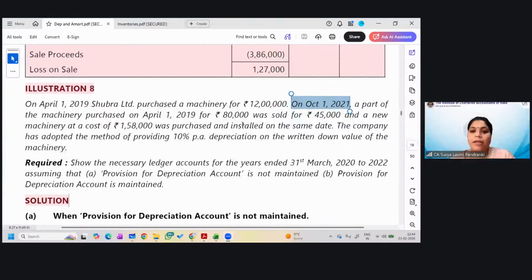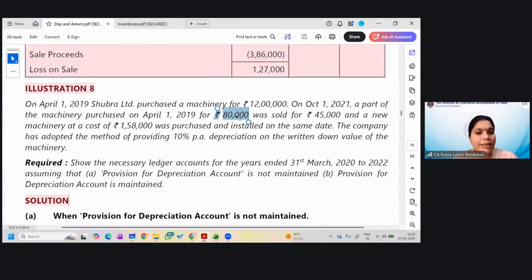Here comes the twist wherein some asset was sold and it was sold for a different value, and then one more machinery was purchased and all these things happened. So let us consider now what is the cost of the machine sold, 80,000, and it was sold for 45,000, right? Now, can we compare these two? Can we compare 80,000 and 45,000 and say that the loss on the machinery was 35,000? Can I say that? Yes or no? You understood my question?